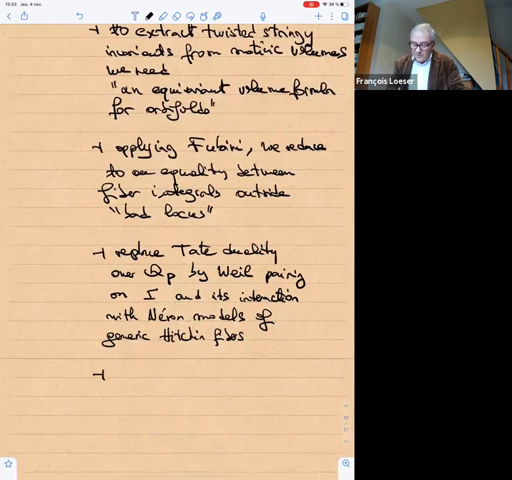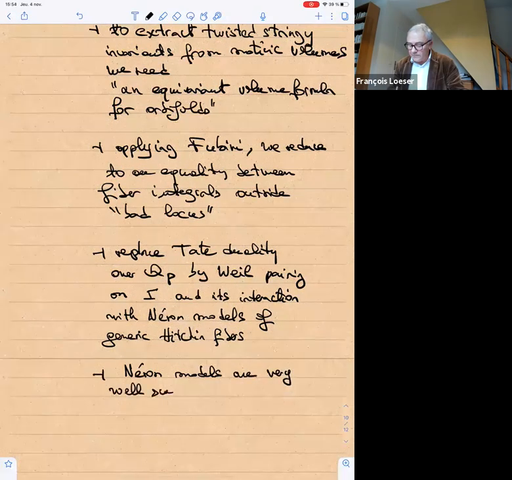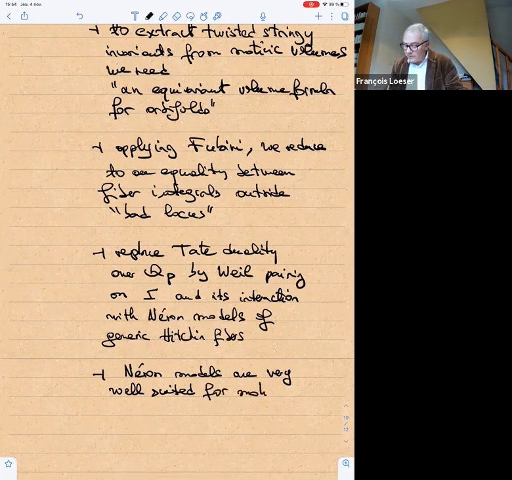And this is fine because Néron models are extremely well suited for motivic integration.